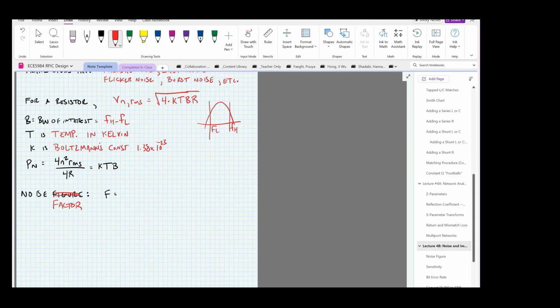So our noise factor is equal to P n sub 0, which is the noise power at the output, divided by P n sub I times GA, where this is the noise power at the input, and this is our available gain.